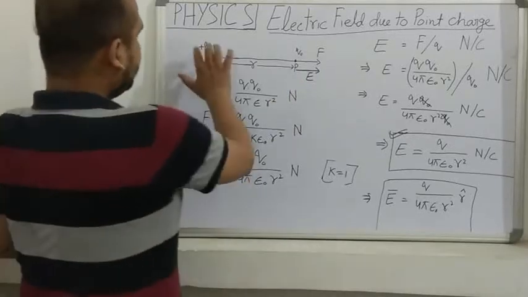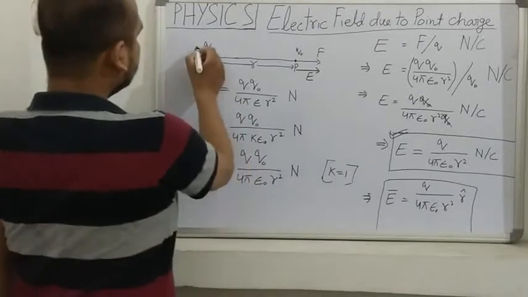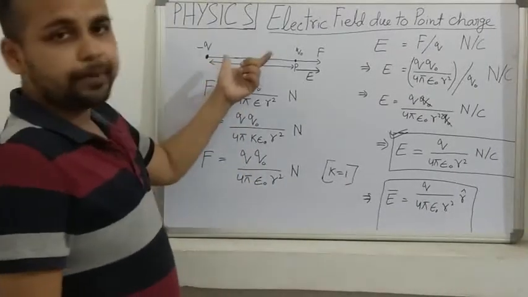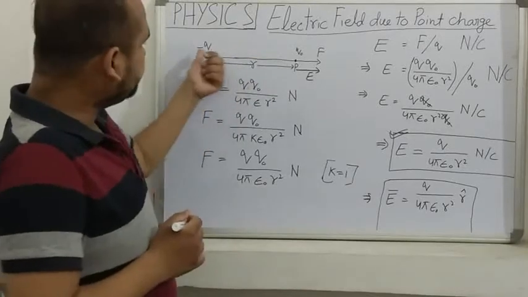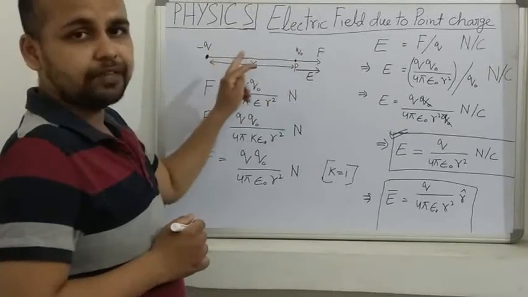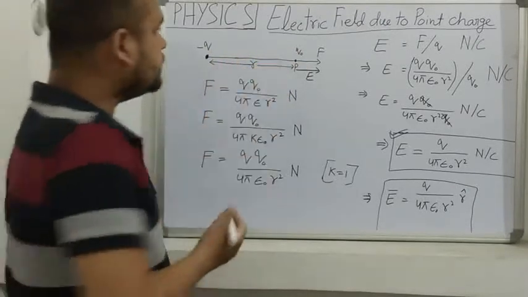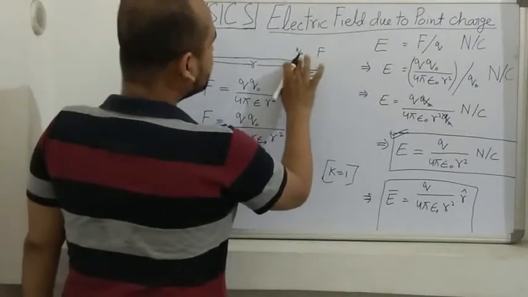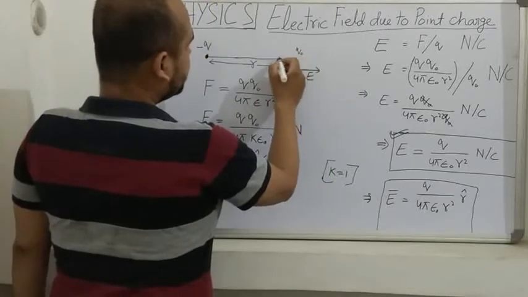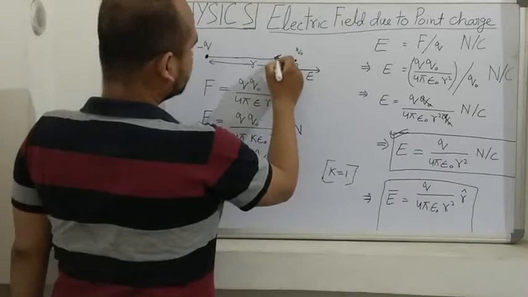If we would have taken a negative charge here, then what will happen? If a negative charge is present here, then the electrostatic force will be attracting in nature, which means the force will act on the test charge in the direction of this negative charge.